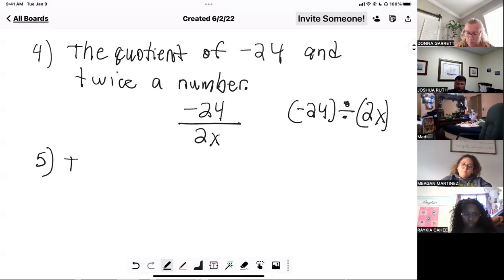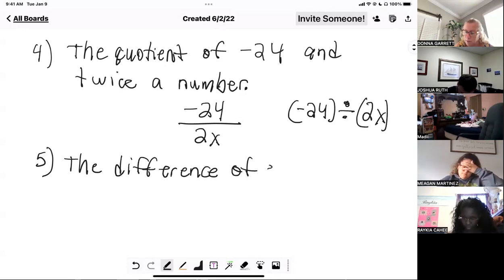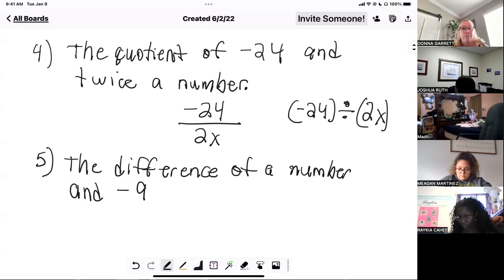Let's try this one. The difference of a number and -9. I'll put a little star here because you have to be careful with this one.